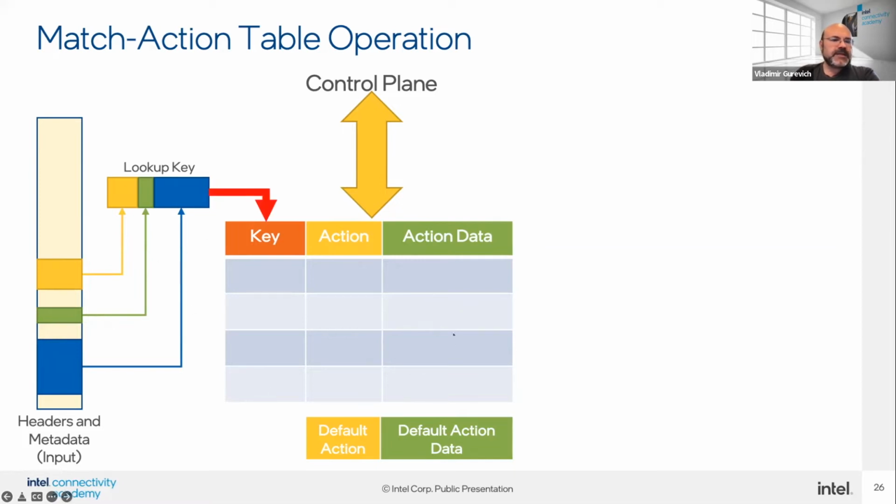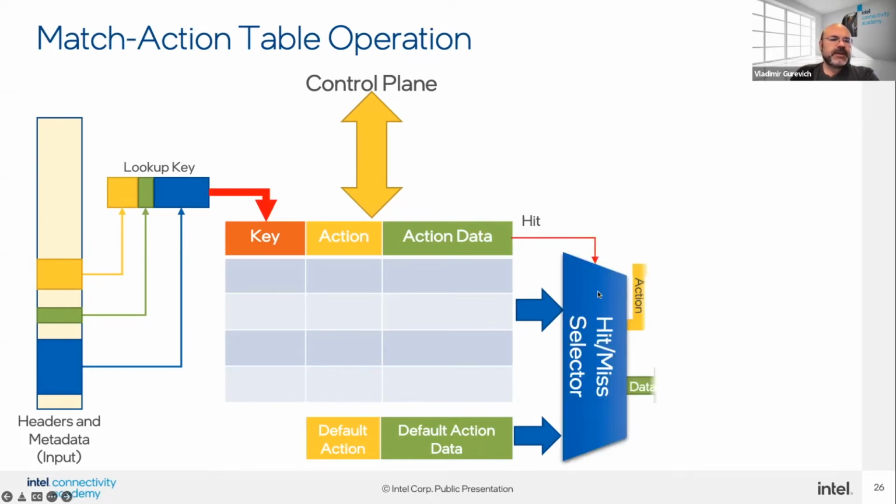And so obviously there could be 2 outcomes fundamentally. Either we will have a hit, and so we find the corresponding entry in the table, and then we will use this entry that will give us the action and the action data that we want to perform this action with. Or if we have a miss, that's precisely when we use this default action and default action data.